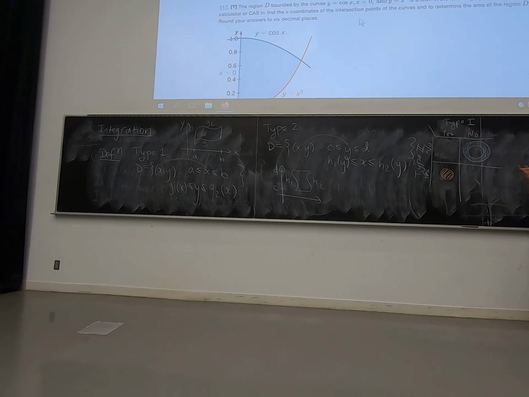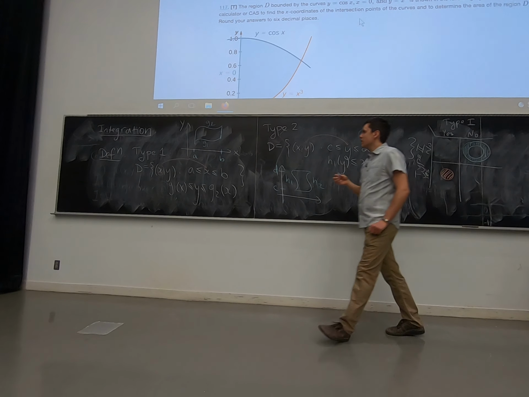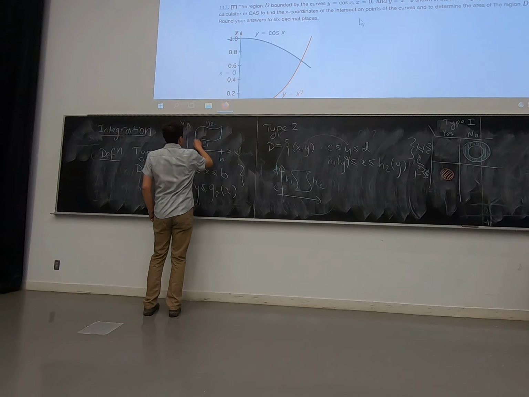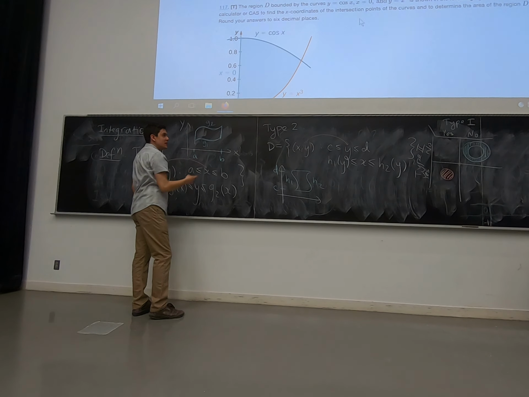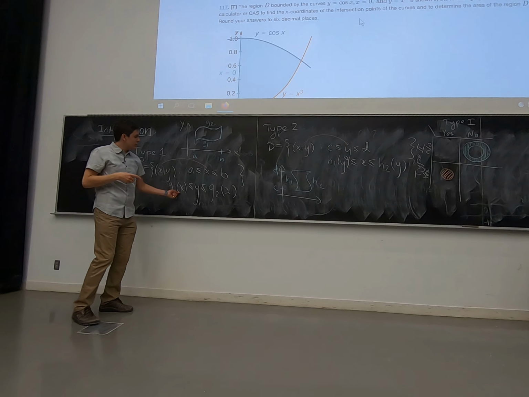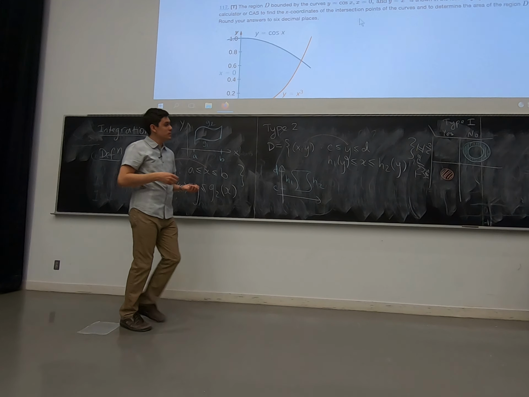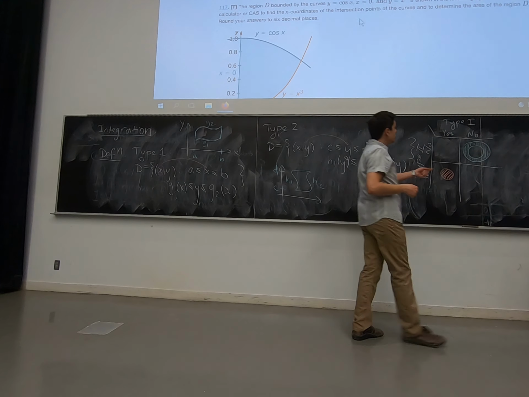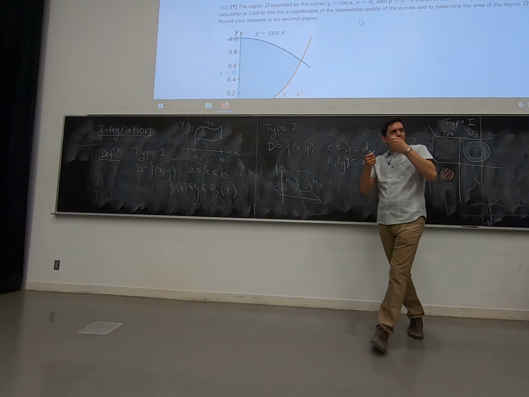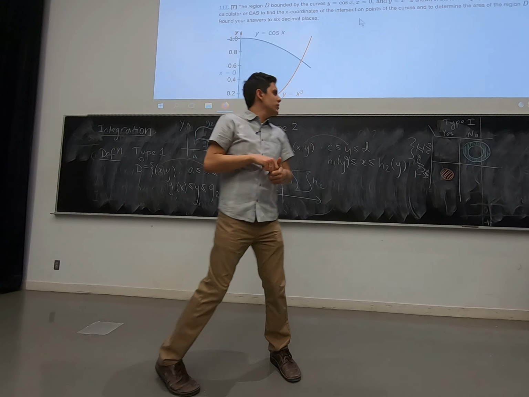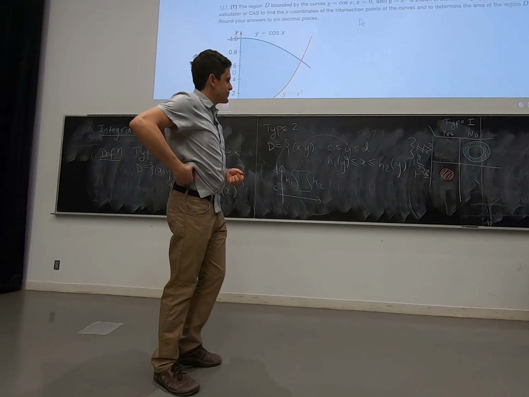One of the things we can do is make a hole in our region. Notice that type 1 and type 2 regions can't really have holes in them because they need to be bounded by all the values between two functions. So if we introduce a hole in the middle of our region, we can't write down that hole with boundaries as functions.